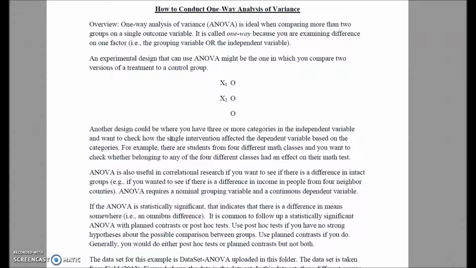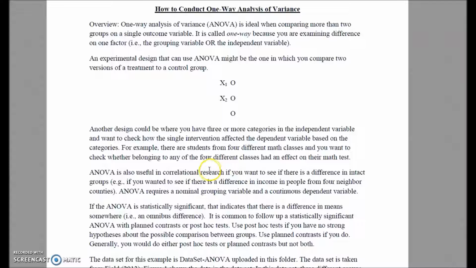Okay, so I do 15 minutes for each group and I see. I'm a math person, so here I have a math example. There are 4 different math classes, and you want to check what their effect is on a math test. So you do the same math intervention, maybe 15 minutes for one, 20 minutes for another, 30 minutes for another, and I want to see if there is a difference.